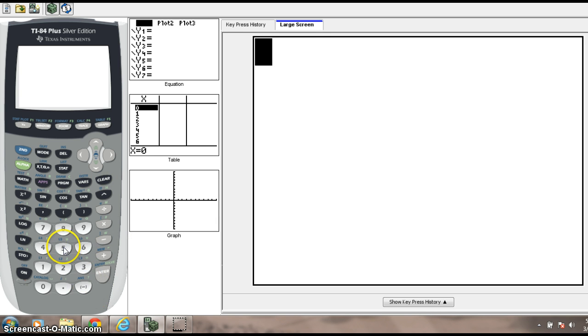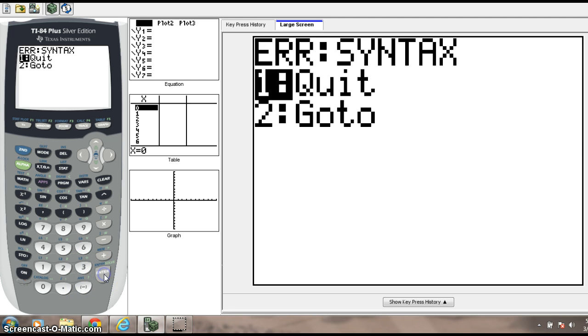Another thing I failed to mention when we were talking about basic calculations is to make sure that you are using the negative symbol and not the subtraction symbol when you need to put in a negative integer. So let's say, for instance, you want to do 5 minus 3. If you did 5 negative 3 and push enter, you're going to get an error.